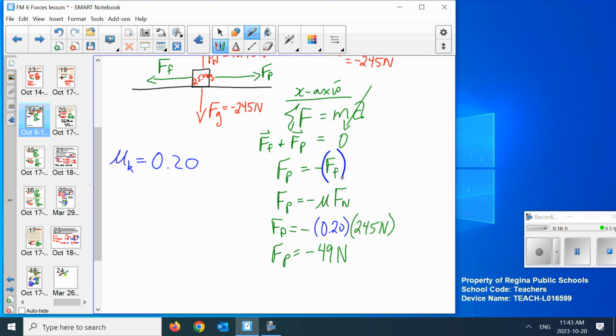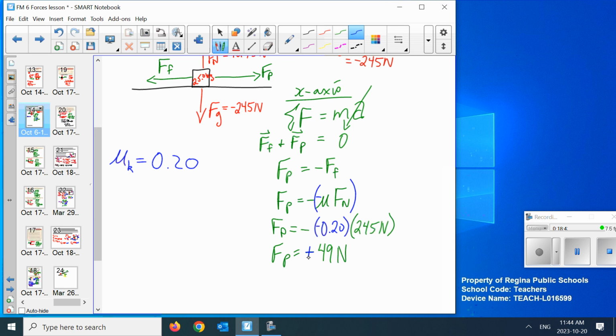The force of friction on my diagram is to the left, correct? So I have to build in the negative sign. I'm not too caught up on these negative signs. That's where that should come in. It's only because I drew my diagram that way. I could have drawn the mirror image diagram and it would be the opposite side.